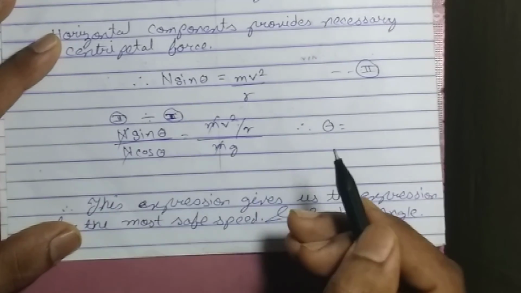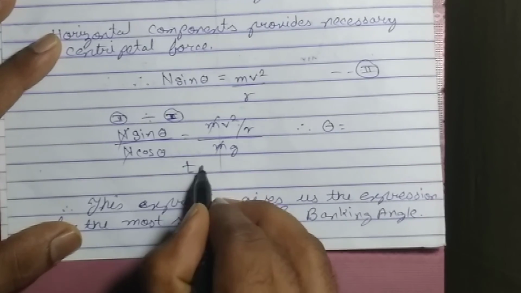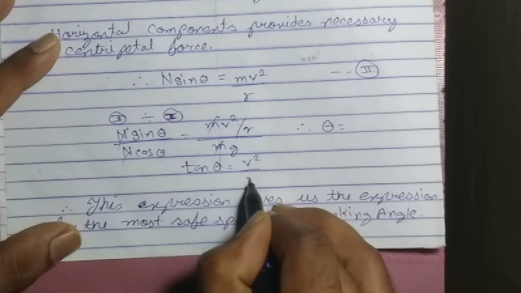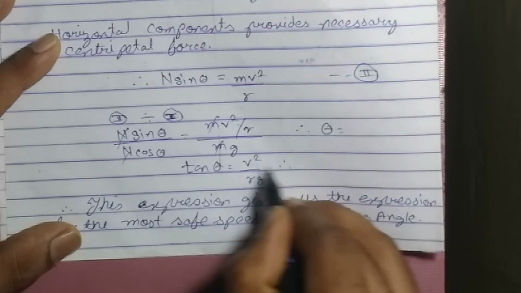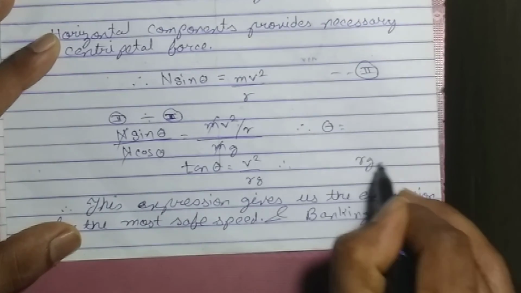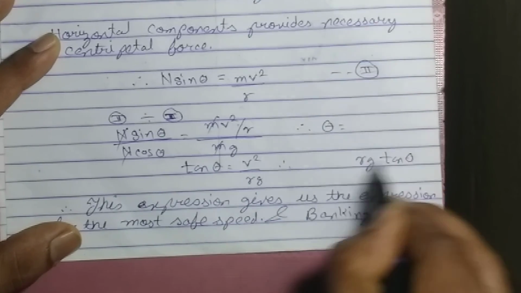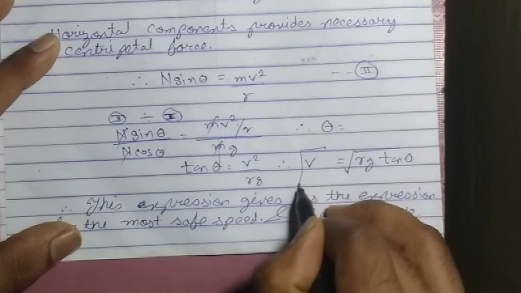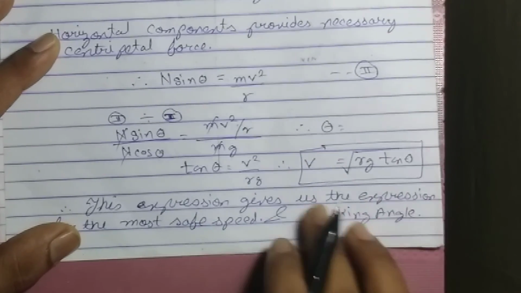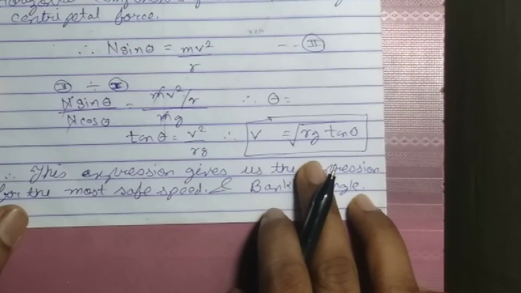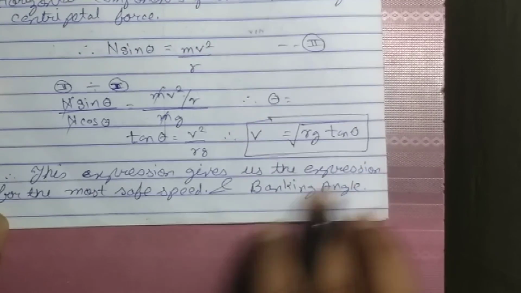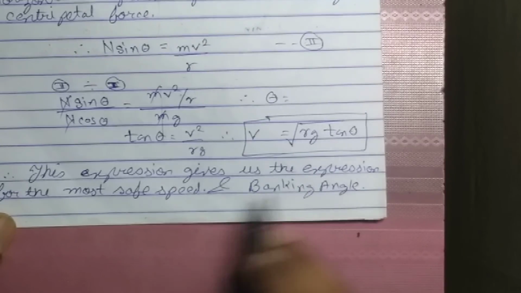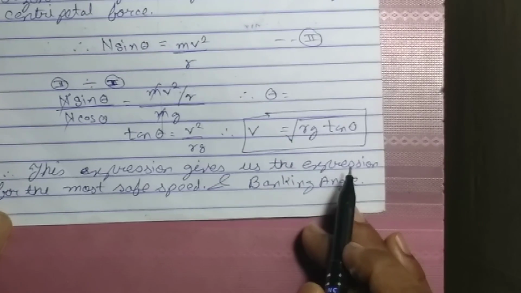So what is sin upon cos, students? Sin upon cos is tan theta, which equals v square upon rg. If I shift the rg term over, rg multiplied by tan theta equals v square. If I take the square root, the velocity along the banked road is given by v equals under root of rg tan theta. This expression gives us the safest speed on the banked road.